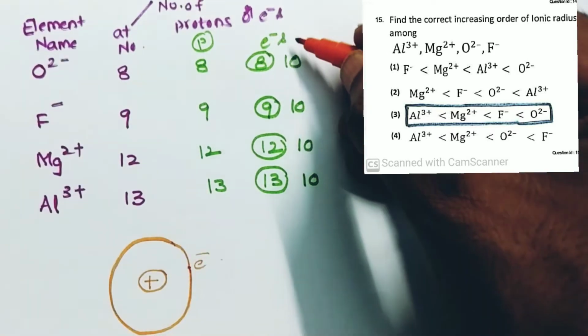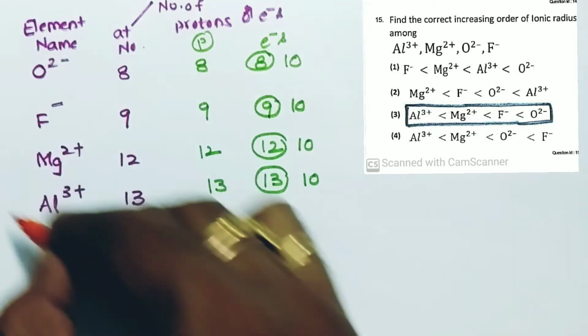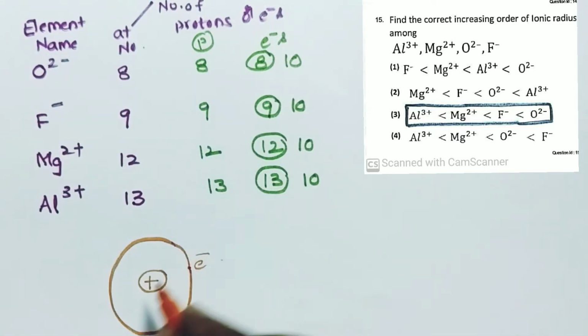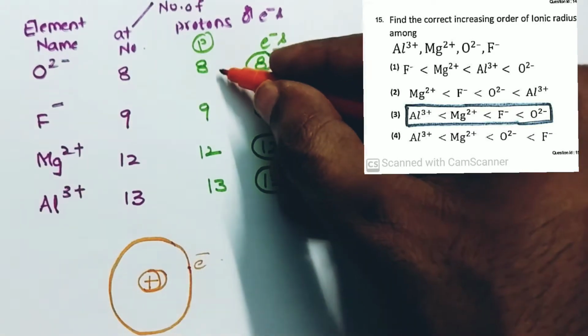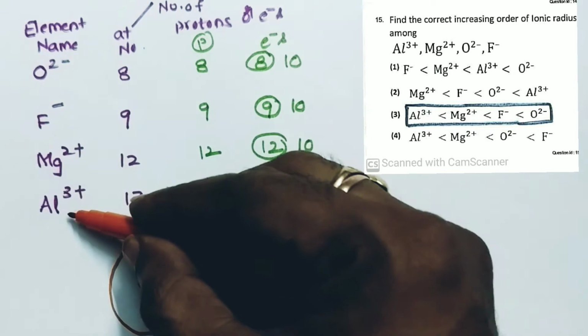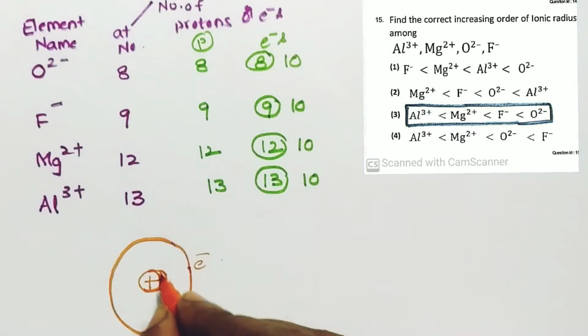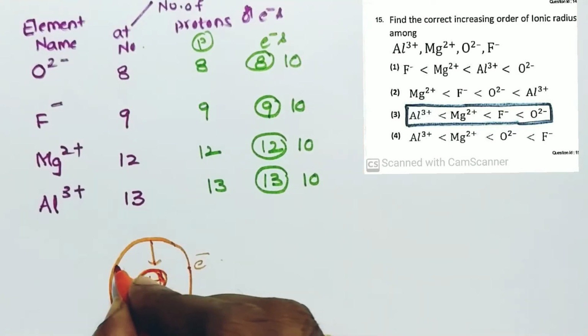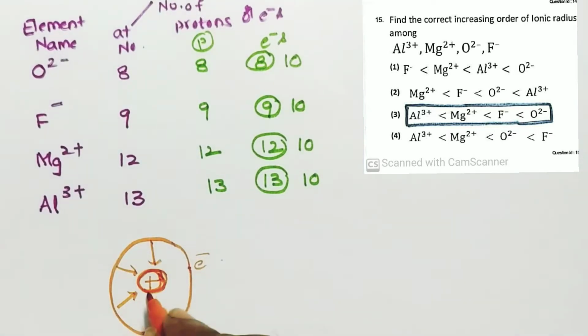So here the number of electrons are same for these 4 ions, but the positive charge, that means number of protons are increased here. So number of protons are increased as we are moving from oxygen, fluorine, magnesium, aluminum. That means positive charge is increased. If positive charge, that means protons are increased, then the force acting towards the center is increased.